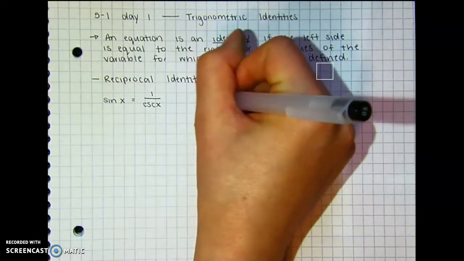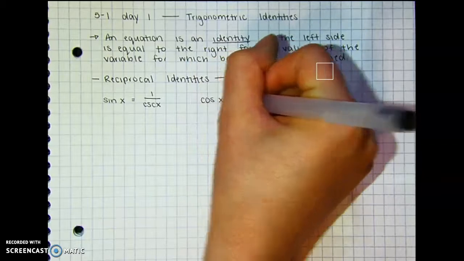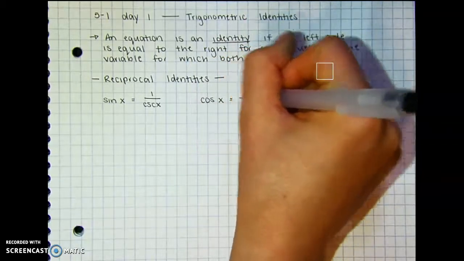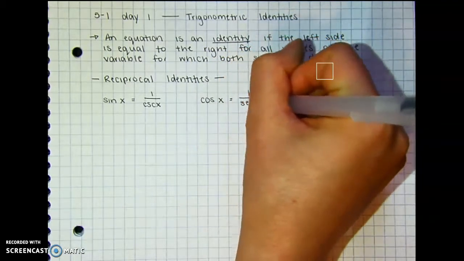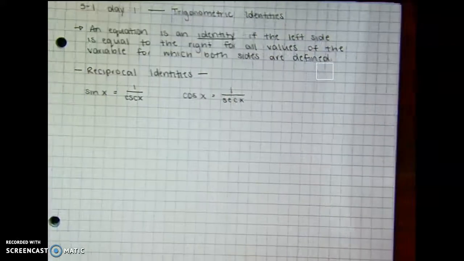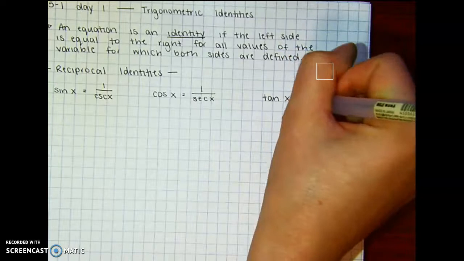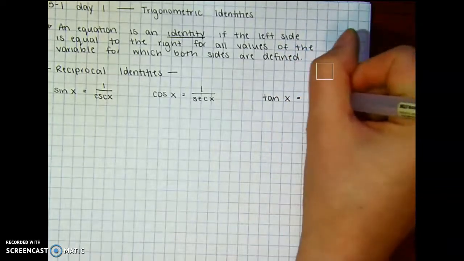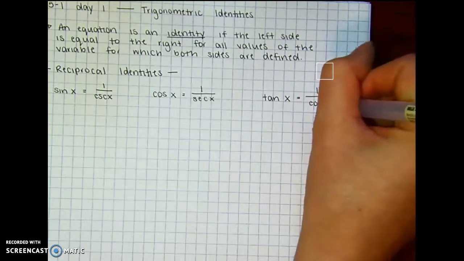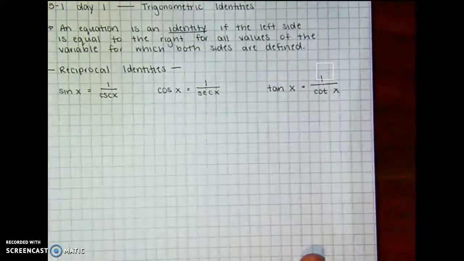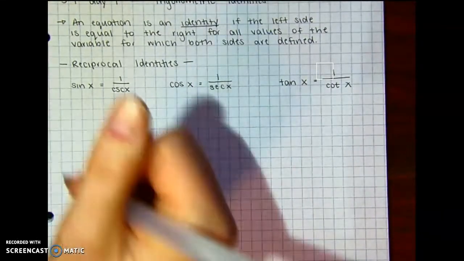Cosine of x is equal to 1 over secant of x. Tangent of x is equal to 1 over cotangent of x. And then there's 3 more, and it's the reciprocals, right?